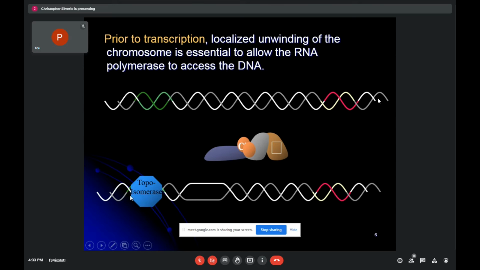And what is the enzyme responsible for the unwinding of the DNA? It is known as topoisomerase. As you can see, the DNA is unwound prior to transcription.